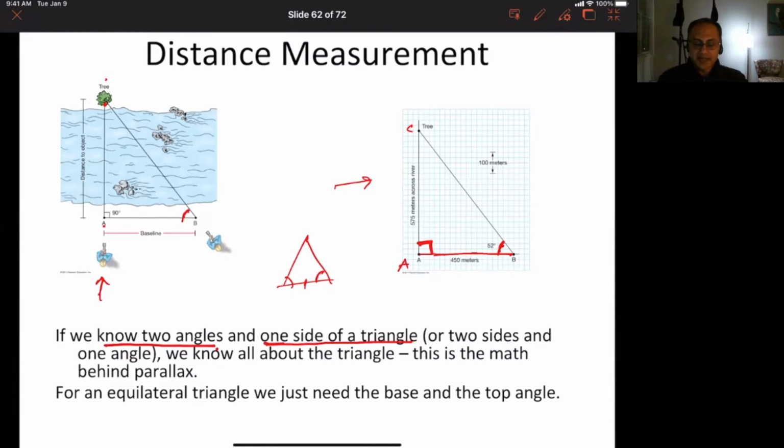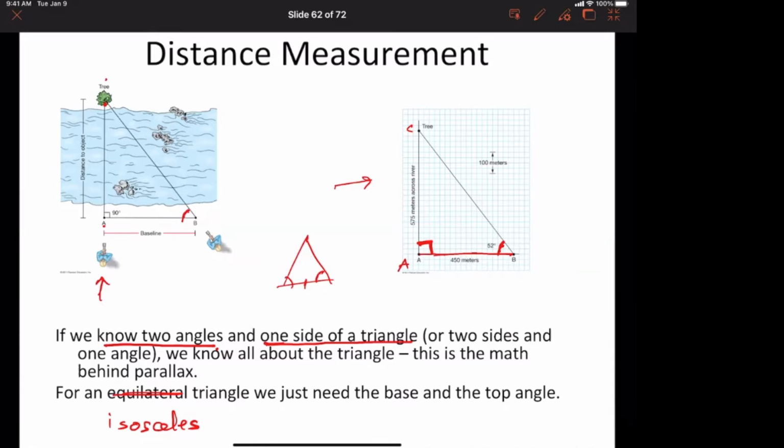Now, this becomes even easier if you have an isosceles triangle. This is a typo, this should be isosceles triangle. Does anybody know what an isosceles triangle is? A triangle with two equal length sides. Exactly.